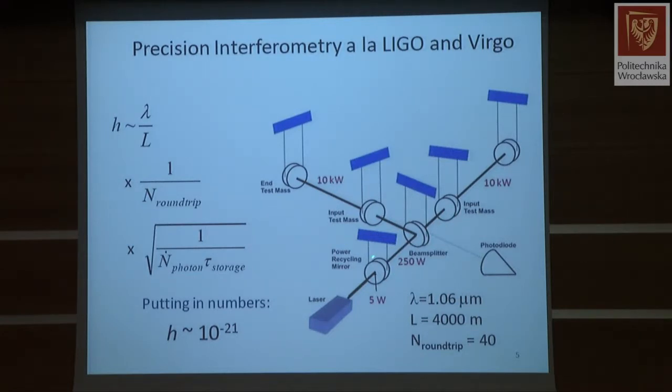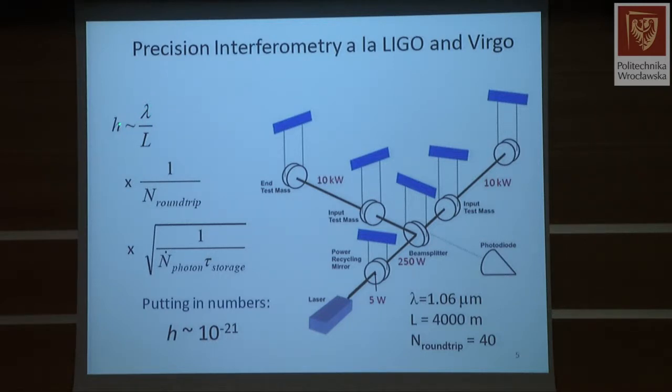So through interference you can measure the changes of phase, and the change of phase is proportional to the amplitude of the gravitational wave. Here is an estimate showing that you can measure a very small amplitude.